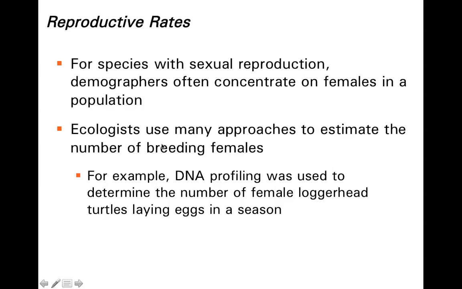So ecologists use a number of different approaches to estimate the number of breeding females. An example from our text is one that's used on a number of different species, which is a type of DNA profiling using a region of DNA called microsatellites.